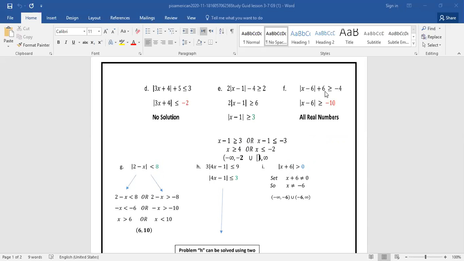We will transfer 6 to the opposite side. It will be absolute value x minus 6 more than or equal -10. Is this correct? Yes. Then the answer will be all real numbers.